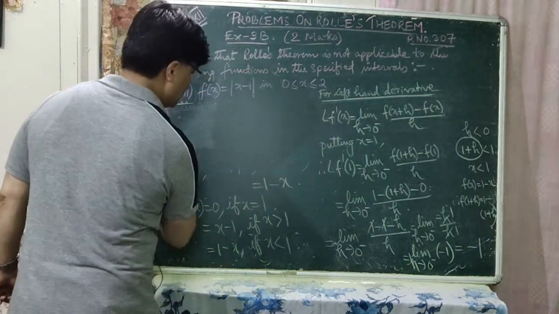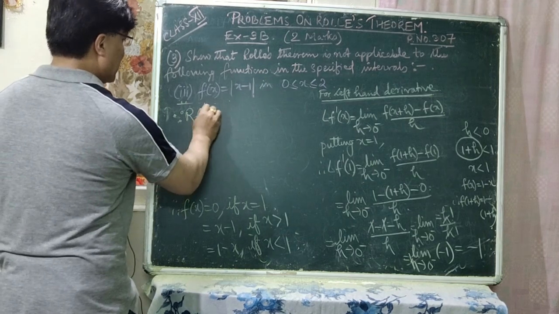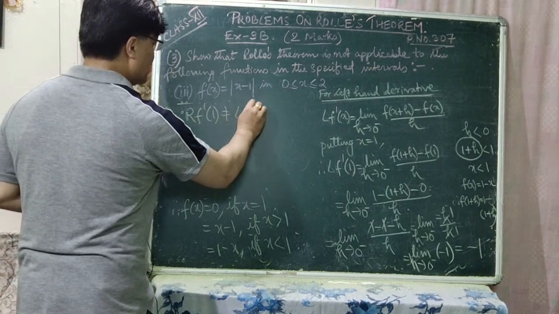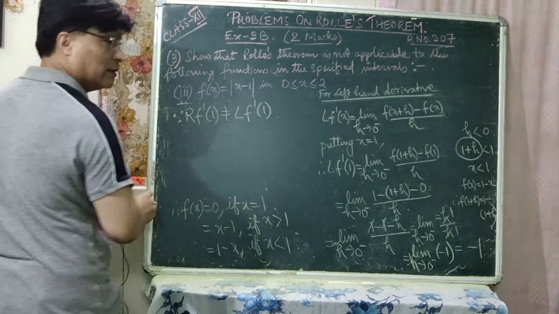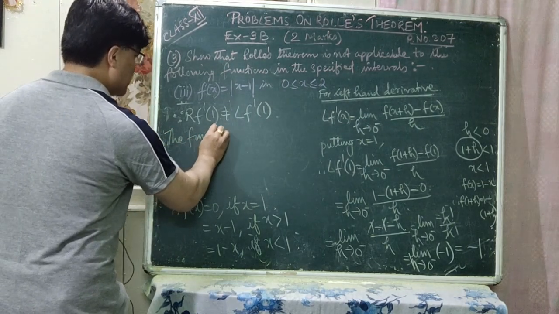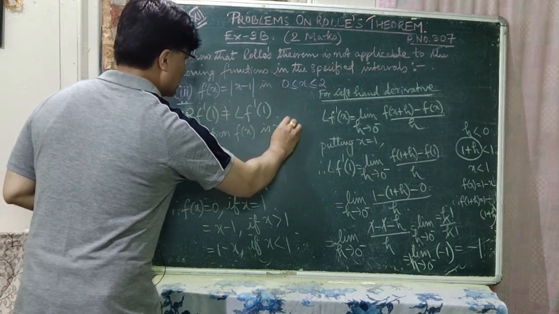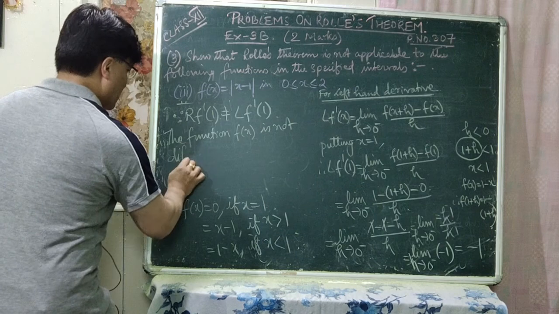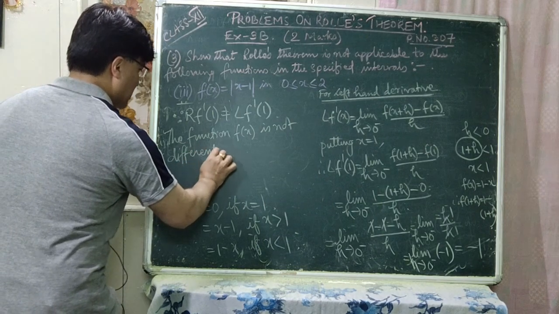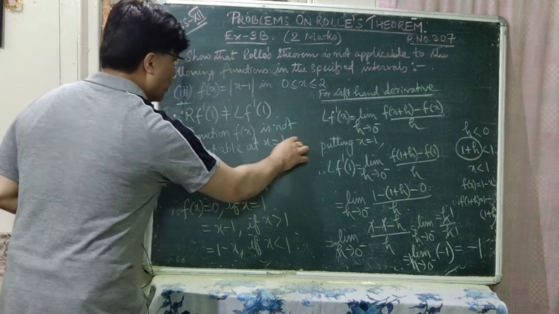So here you can write, since capital R f dash of 1 is not equal to capital L f dash of 1, therefore the function f of x is not differentiable at x is equal to 1.